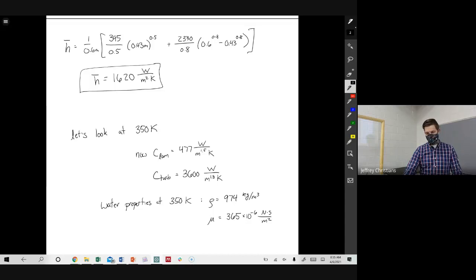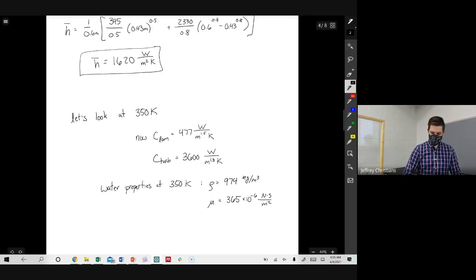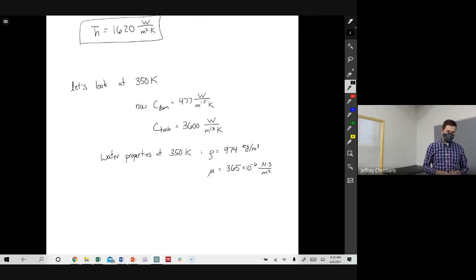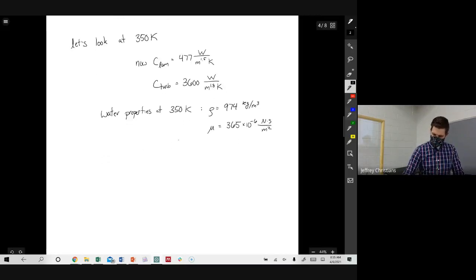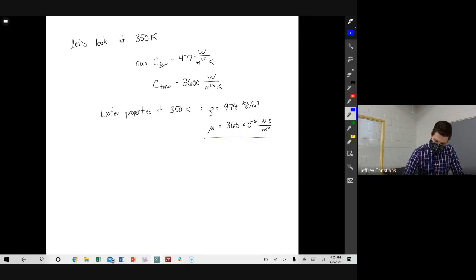And for the turbulent one, we went from 2,300 up to 3,600. So like 50%. The bigger difference, though, will come because of this. So density changes by 2%. Viscosity goes down.